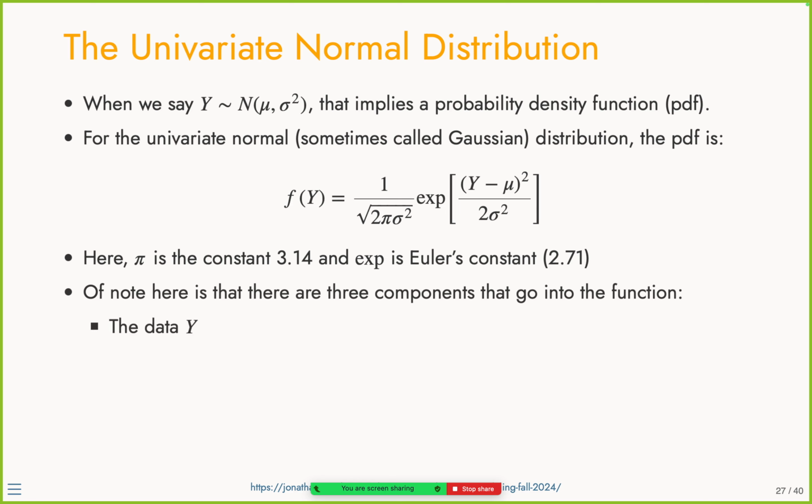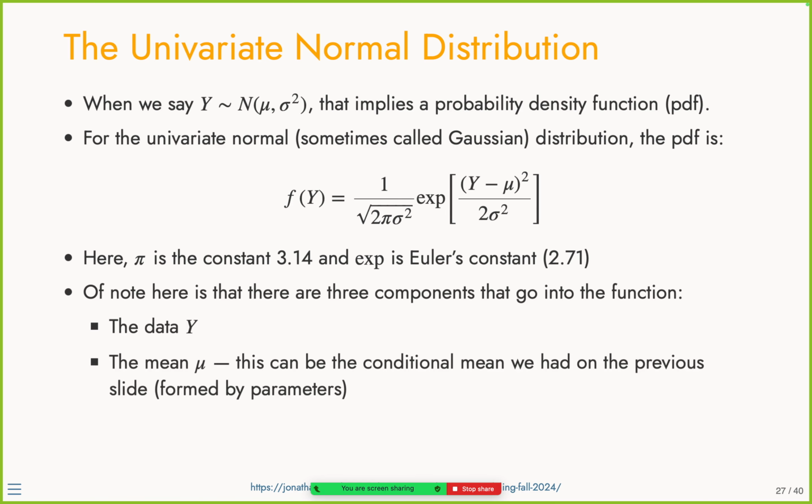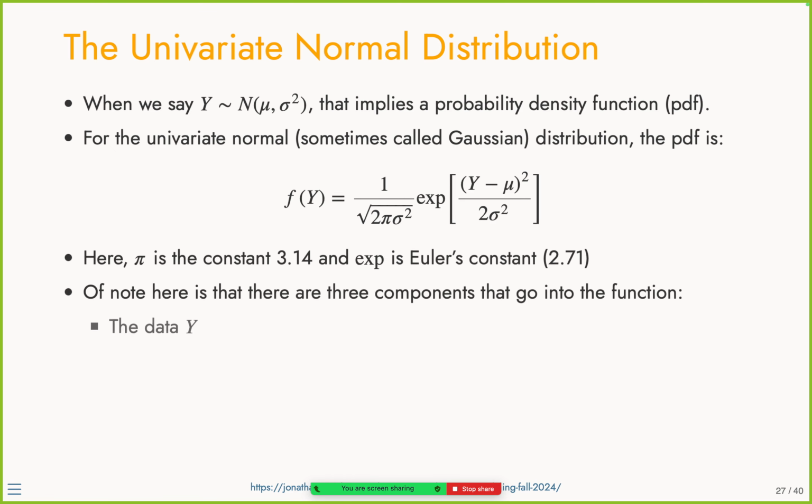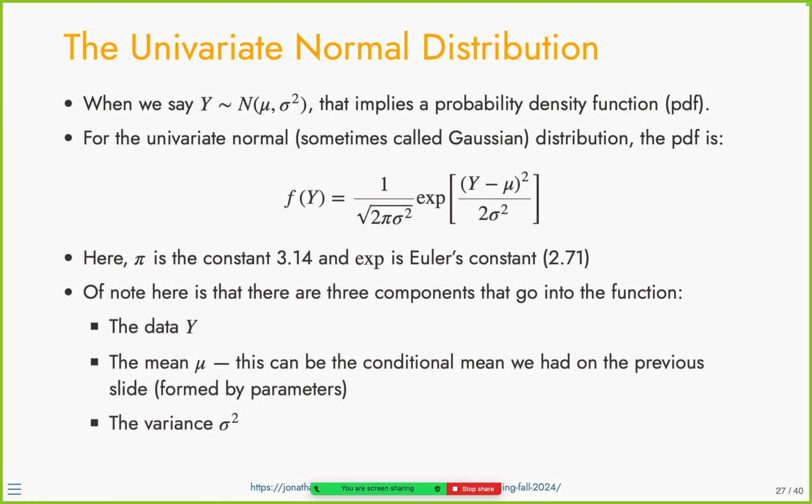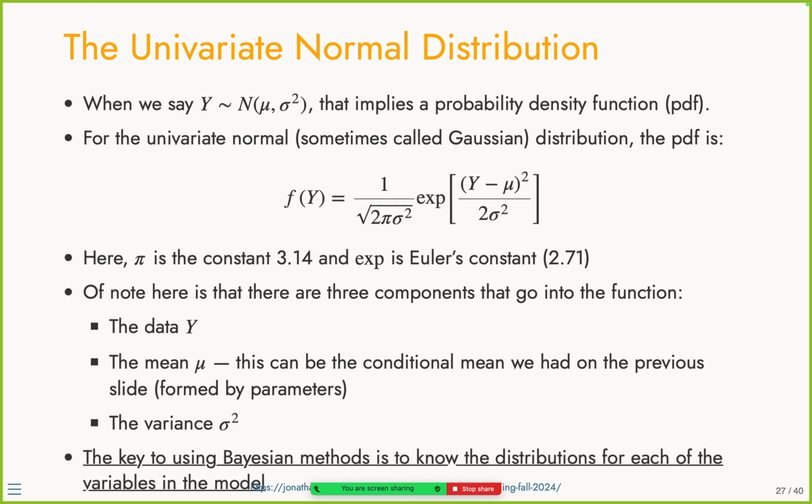Those three components: the data, the mean, this can be the conditional mean, right? We might substitute mu with what we had on our previous slide, and the variance. So basically, we can use this function in different ways. The key to using Bayesian methods is to know the distributions for each of the variables in the model.